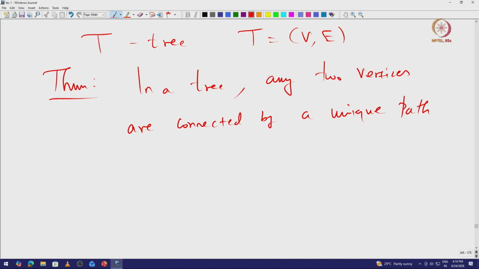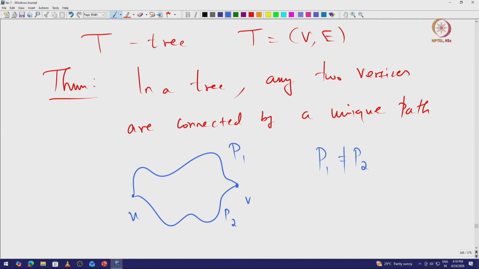By contradiction, let T be a tree and assume that there are two distinct UV paths, call them P1 and P2, connecting U and V. So, you have U and V, one path P1 and another path P2 connecting these vertices U and V. Now suppose P1 is different from P2.